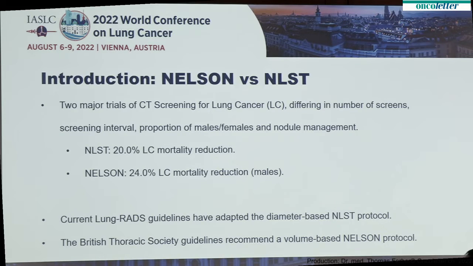We also see differences in outcomes between the 2 studies. The NLST demonstrated a 20% mortality reduction in lung cancer-specific mortality, whereas the Nelson trial demonstrated a 24% lung cancer mortality reduction among the male participants, and although not statistically significant, mortality reduction was even larger among women.